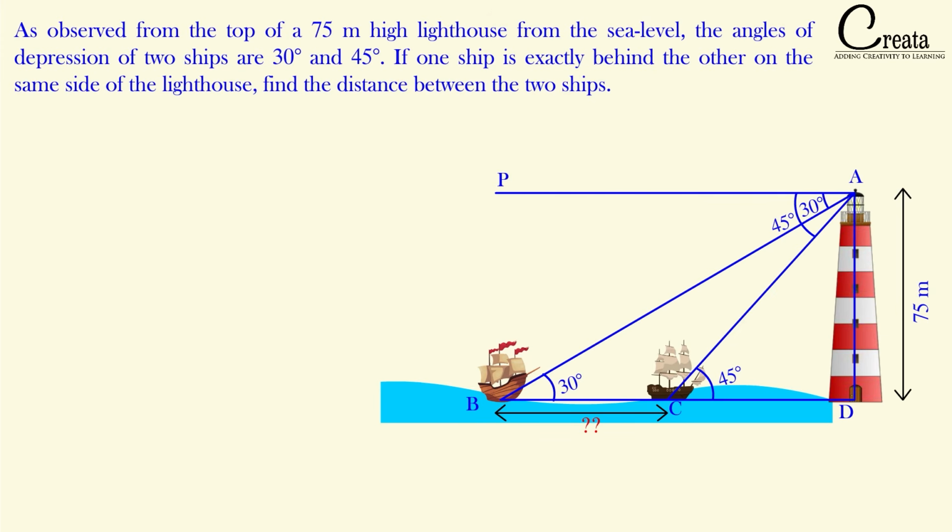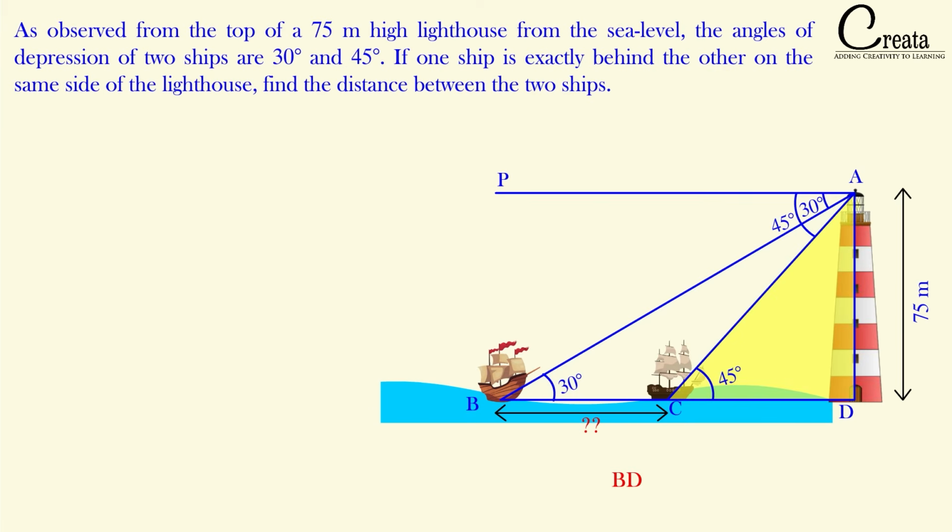Further, we got the trigonometric angle for both the triangles. For the triangle ABD, our trigonometric angle is 30 degree, and for the triangle ACD, our trigonometric angle is 45 degree. And in the question, we have to find the distance BC, that is the distance between the two shapes. So the strategy that we will use is, firstly, we will take the triangle ABD and we will find the distance BD, the complete length BD.